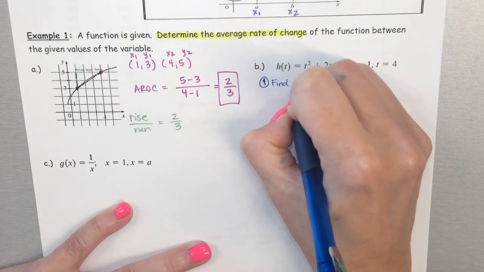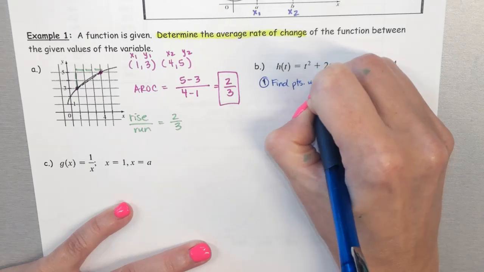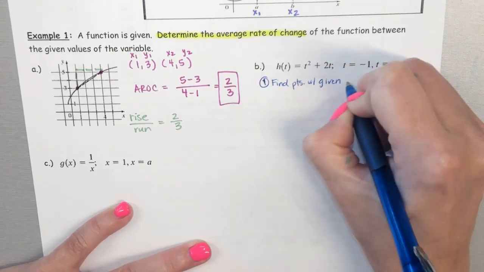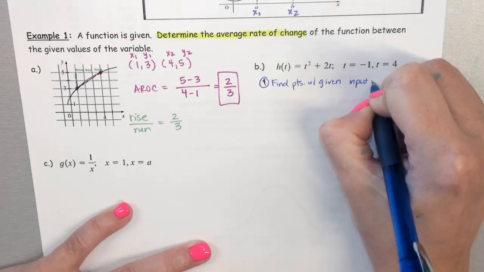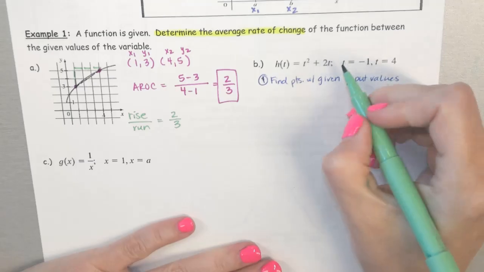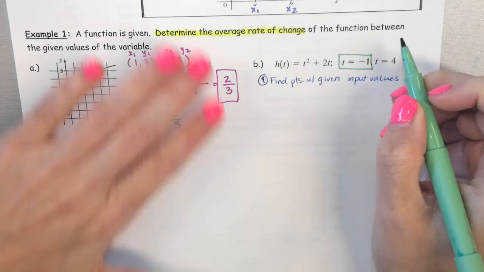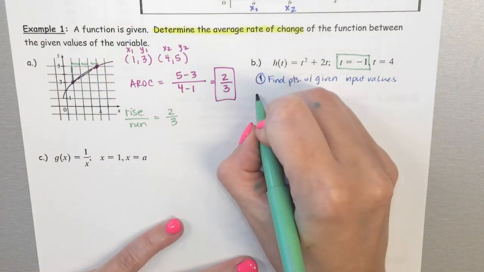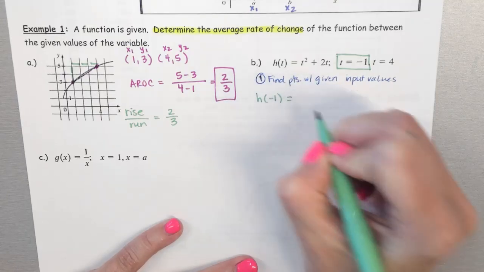So you can find the points with the given input values. One input value is t equals -1, so I'm going to find h of -1.